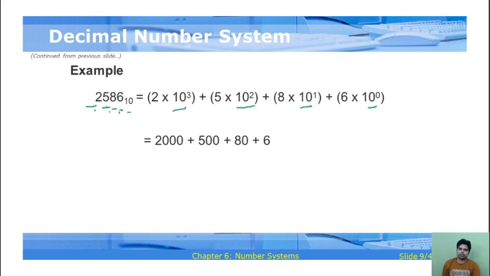We multiply in the same way: 6 into 10 to the power 0 is the first digit, then 8 into 10 to the power 1, 5 into 10 to the power 2, and 2 into 10 to the power 3. Hence we calculate 6, 80, 500, 2000, and the total sum is 2586.